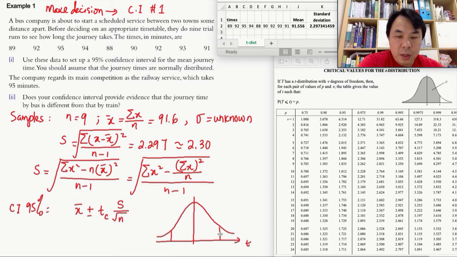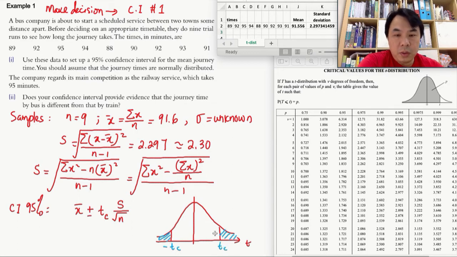The region in between these two markers represents the probability of our 95% confidence interval. The left hand side tail, this part here, would represent the rejection zone, and the critical value from the T distribution that we are trying to get will be here. This is the critical value.